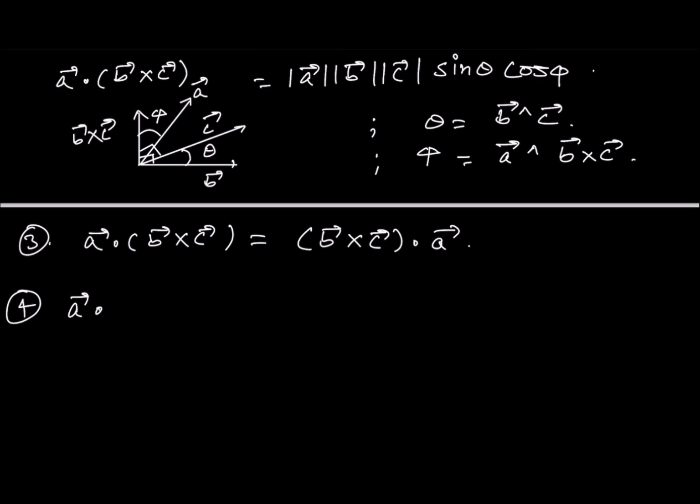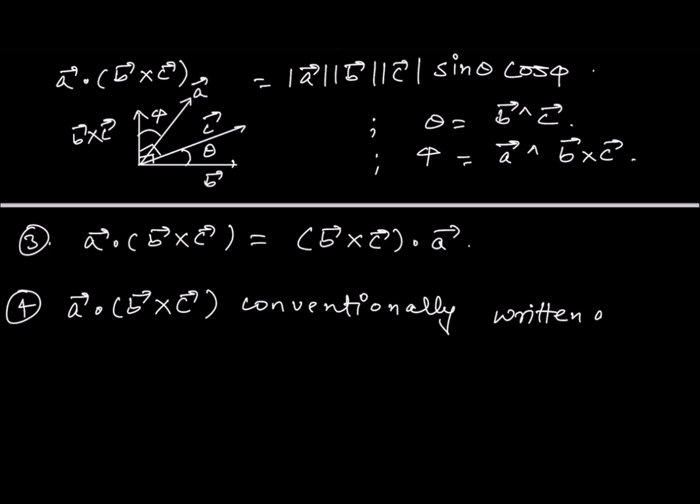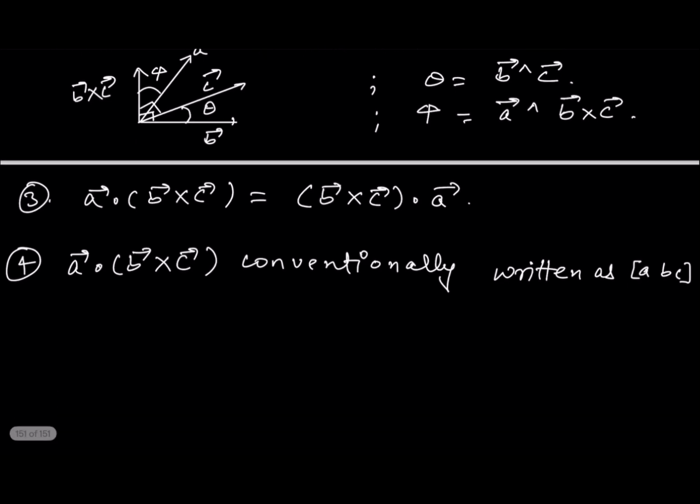A dot B cross C is conventionally written as box ABC. Okay, box ABC, and is read as box ABC. That is what I am saying. A dot B cross C is equal to box ABC.